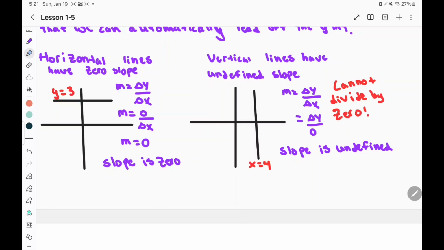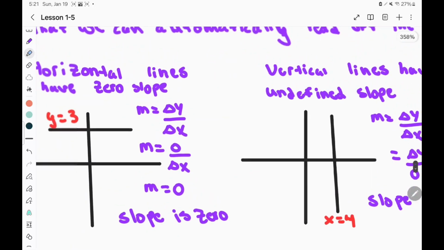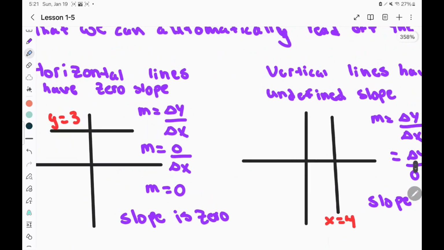We can think about this definition of slope, where the slope is equal to the change in y over the change in x. If I look at my horizontal line over here, there's no change in y. So there's no up or down. The equation of this horizontal line is y equals 3.